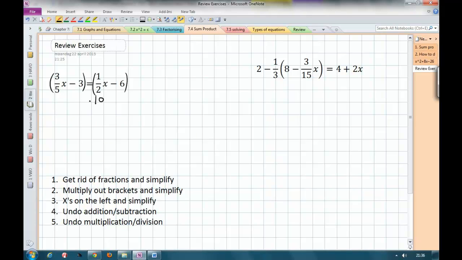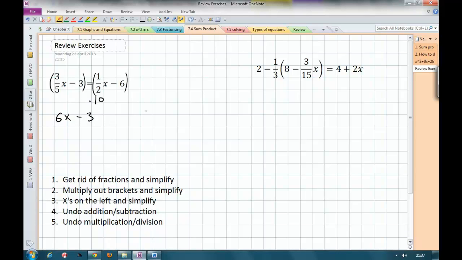And when I multiply 3/5 by 10, the 10 will be multiplied by the 3, which is 30, divided by 5 is then a 6x. And then what students will often do is that they'll say, okay, I've multiplied the 3/5, so that's a 6x, and then they'll leave this as minus 3.